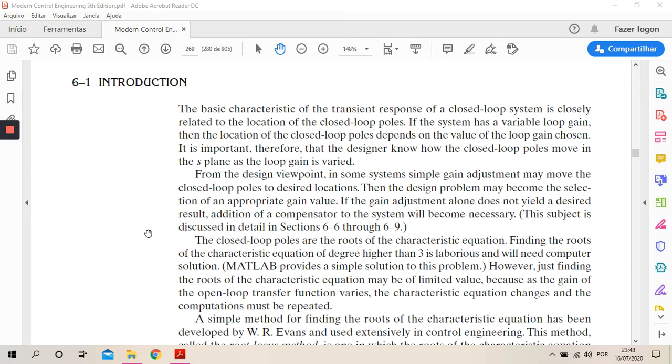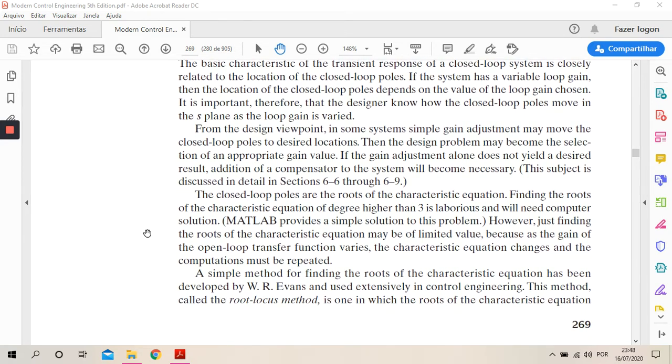If the system has a variable loop gain, then the location of the closed-loop poles depends on the value of the loop gain chosen. It is important, therefore, that the designer know how the closed-loop poles move in the S-plane as the loop gain is varied.